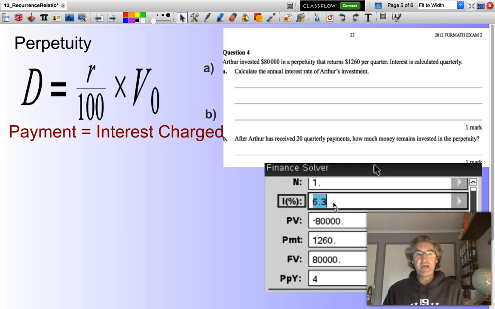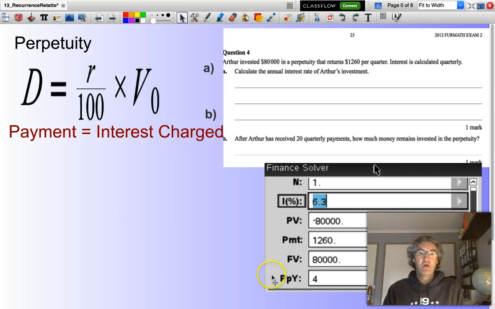We could go through the algebra and basically have 80,000 because my V0 equals R over 100, and D has to be equal to 1260. We would solve that, and then we need to take into account the fact that we're dealing quarterly.